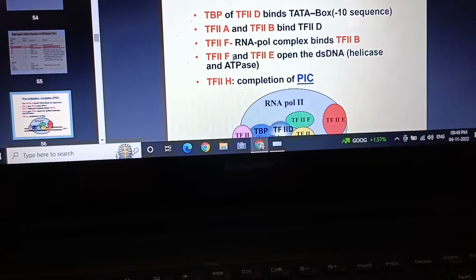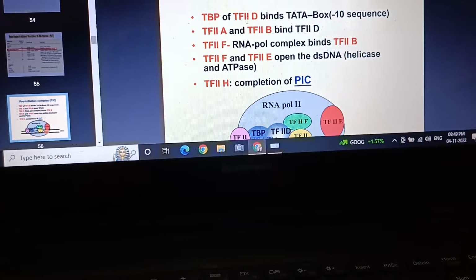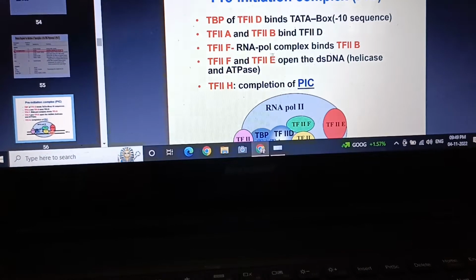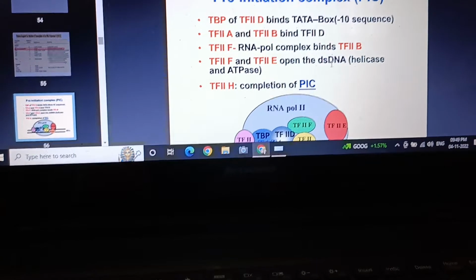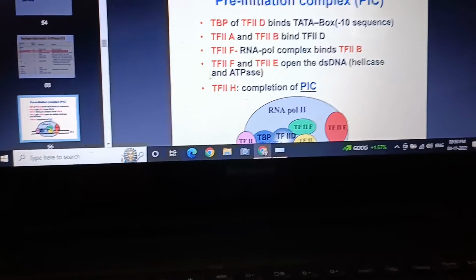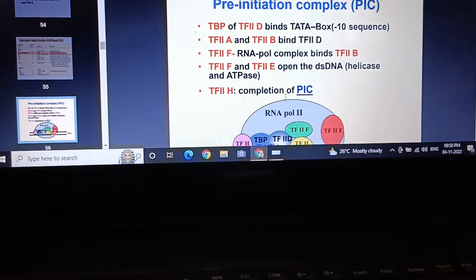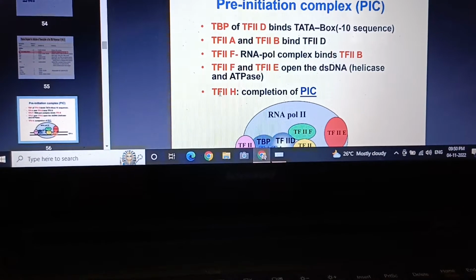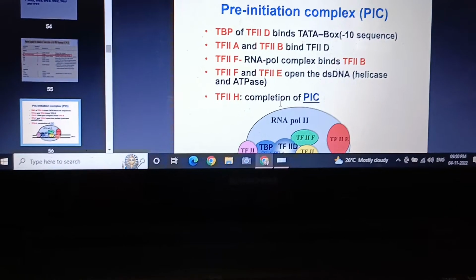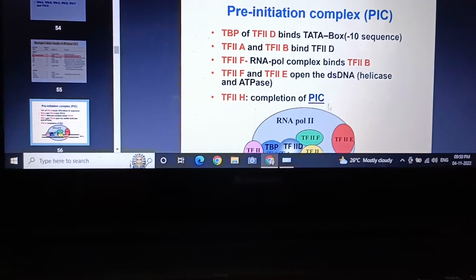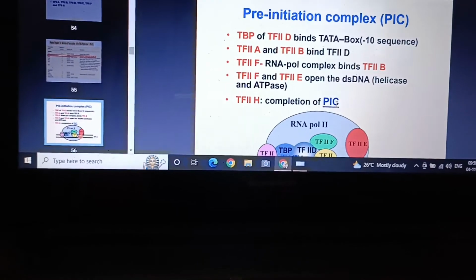So what is here? TF2F and E open the double-stranded DNA helix. Once the binding process is done, F and E open up the double-stranded DNA with the help of helicase and ATPase enzyme. After that, TF2H completes the PIC, which is nothing but your pre-initiation complex.